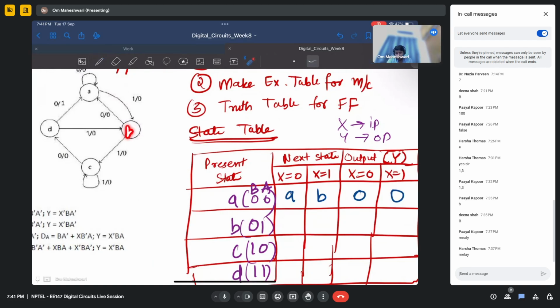Then you start with B, your present state is B. If your input is 0, you go back to A, and your output is 0. So it's A, and your output is 0. You are at B, your input is 1, you go to C. So here we will have C, and your output is still 0.